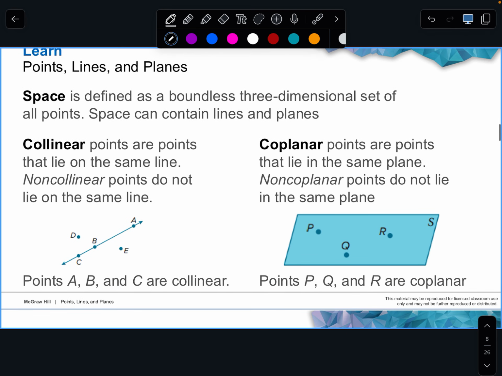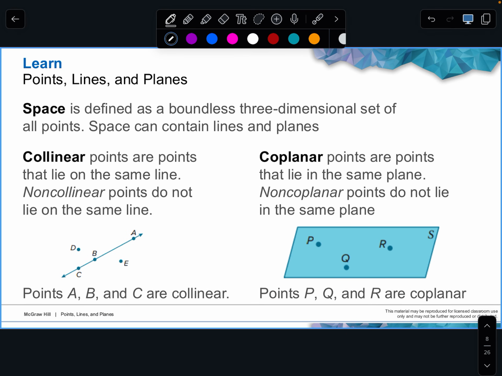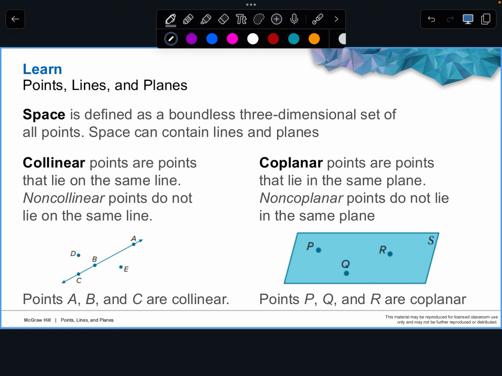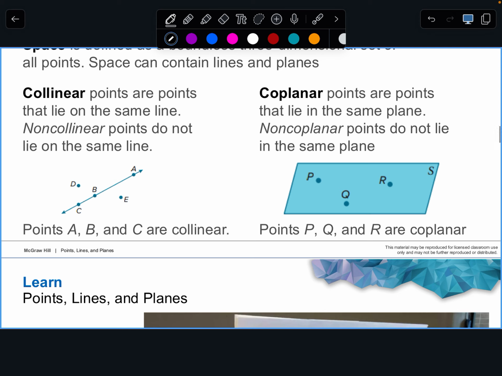Okay. Now let's go a little bit further. Space is defined as a boundless 3-dimensional set of all points. Space can contain lines and planes. Probably not going to have the word space that you're going to be tested over. But collinear and coplanar, you definitely need to know those.